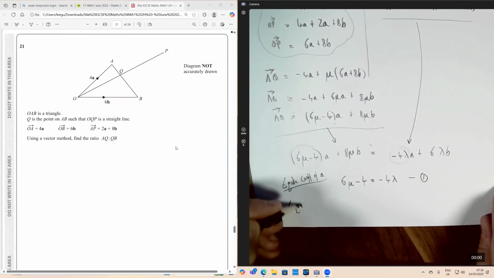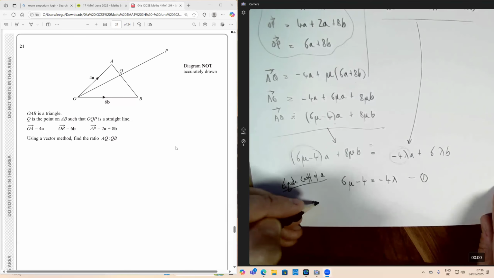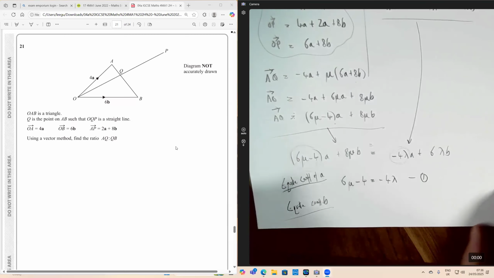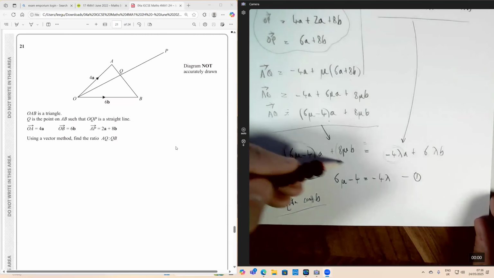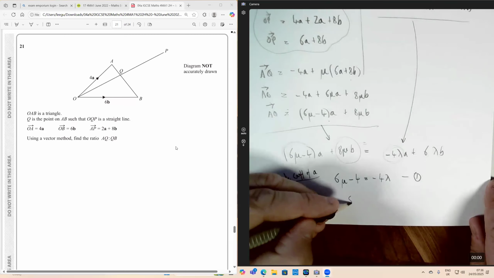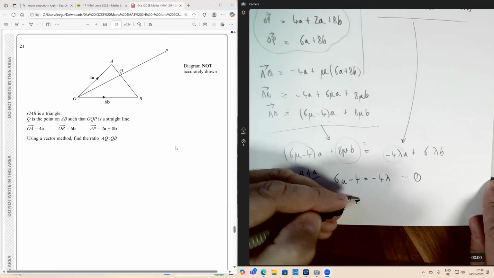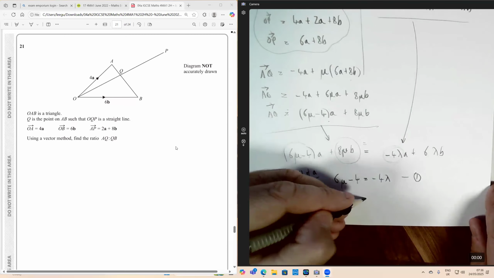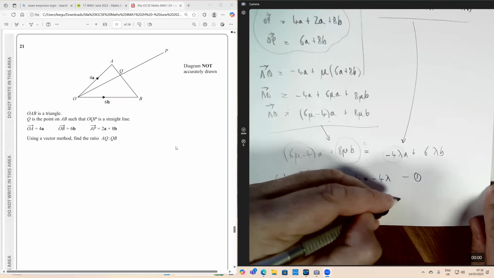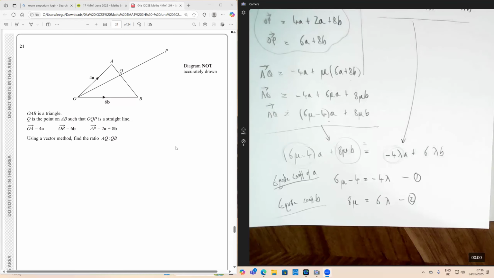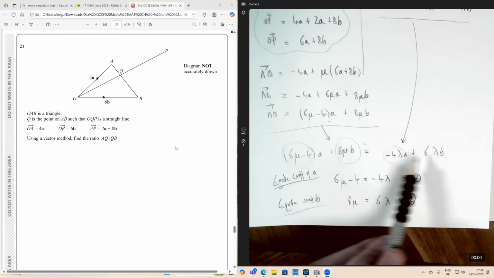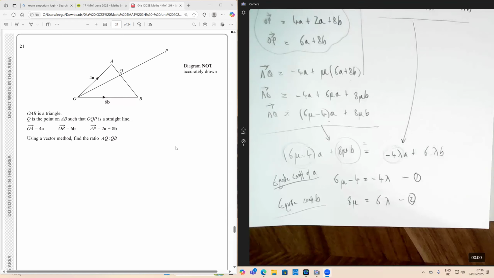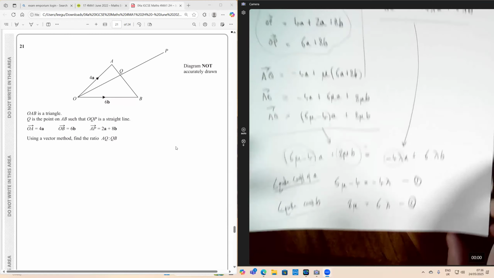I'm now going to equate the coefficients of b this time. So this time, 8 mu is going to equal 6 lambda. And I'm going to call that equation 2. So I've taken 8 mu is equal to 6 lambda, and I put those two things equal to each other.